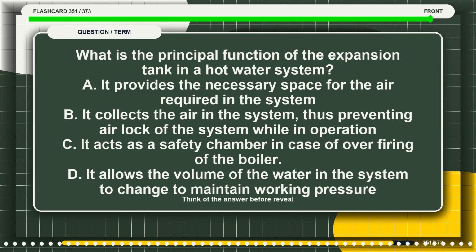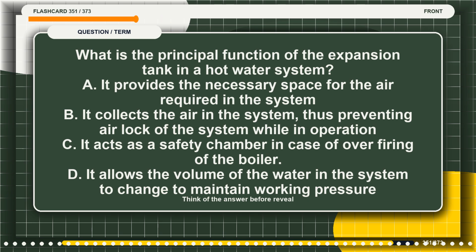Flashcard 351. What is the principal function of the expansion tank in a hot water system? A. It provides the necessary space for the air required in the system. B. It collects the air in the system, thus preventing airlock of the system while in operation. C. It acts as a safety chamber in case of overfiring of the boiler.